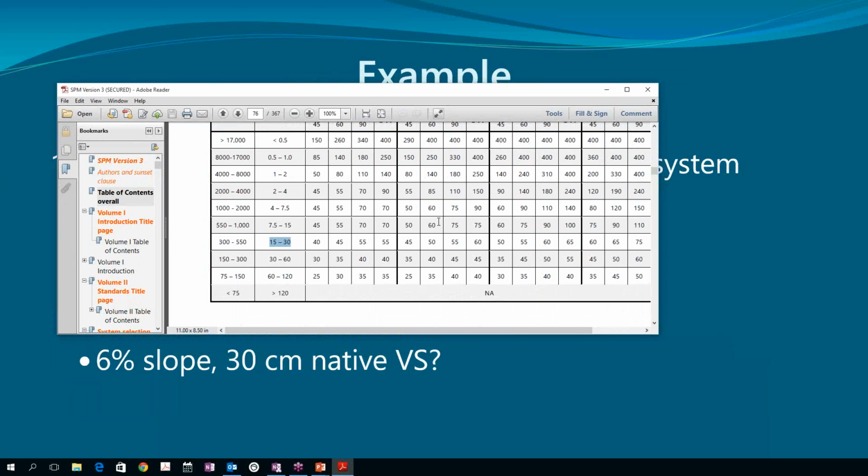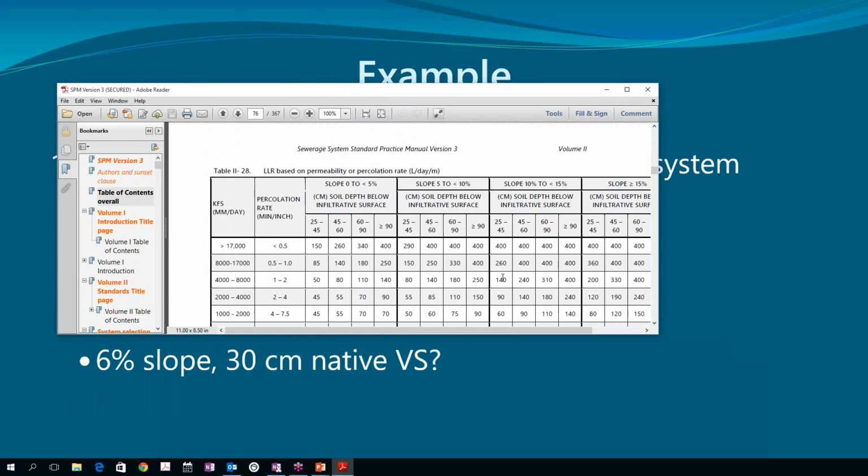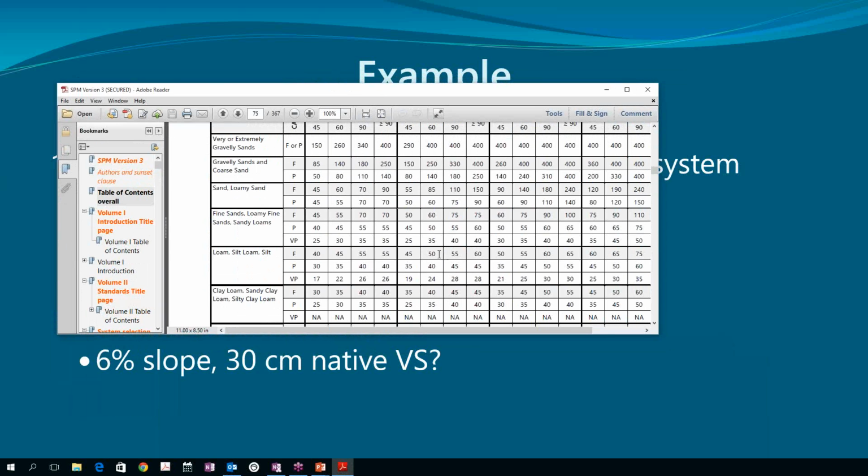The depth was 30 centimeters. So if I got that right, we're looking at 45 liters per meter, which contradicts the 35 that we got up here. So we choose the most conservative of the two, which is the smaller loading rate, resulting in a bigger system. So the answer then is 35, the smaller loading rate, bigger system.